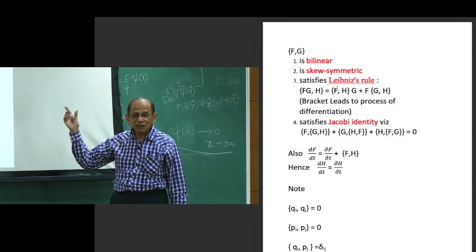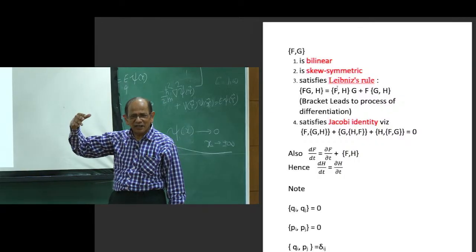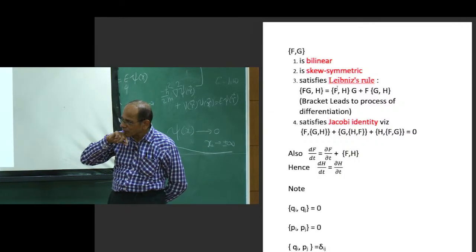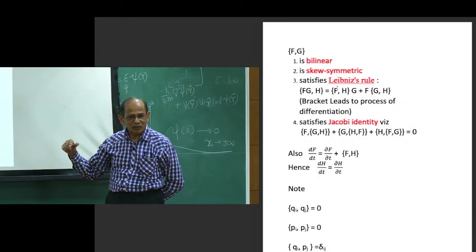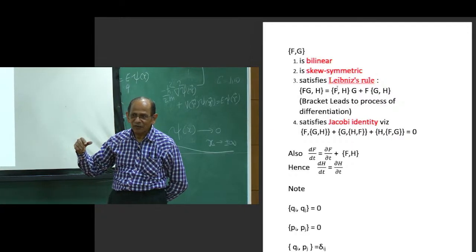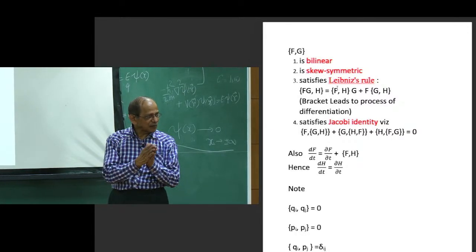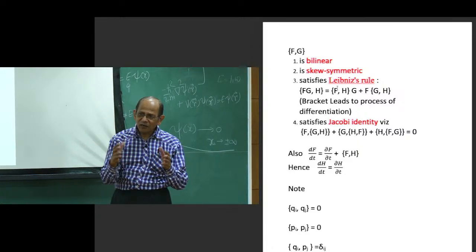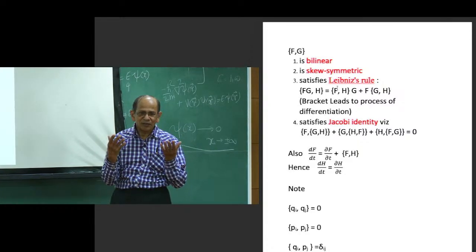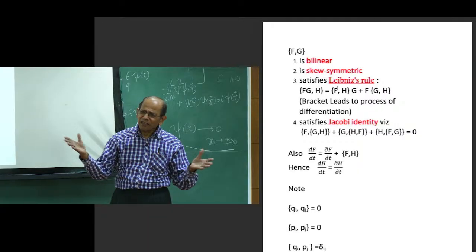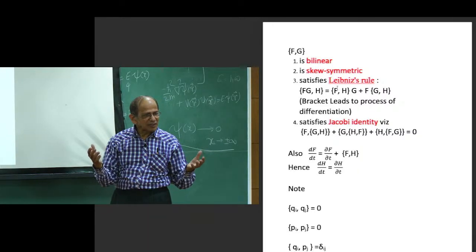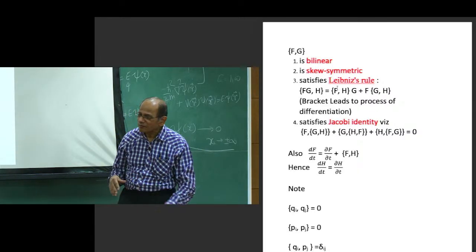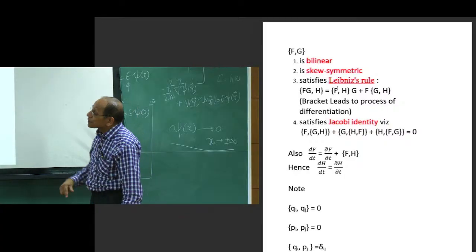That follows from the simple property of the derivative, the gradients that we have used. If f is replaced by a linear combination of two functions, let us say f1, f2, then the gradient will split into a linear combination of two gradients. So, that is the first property.